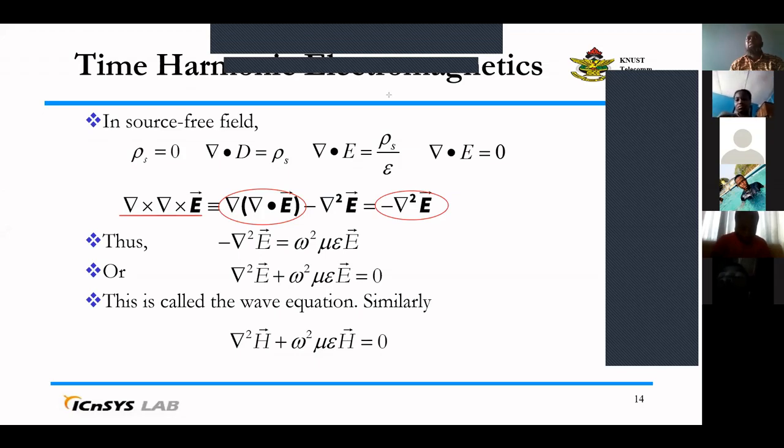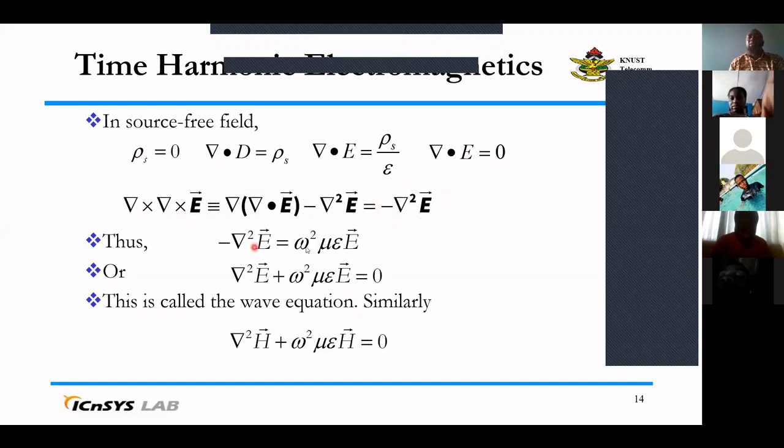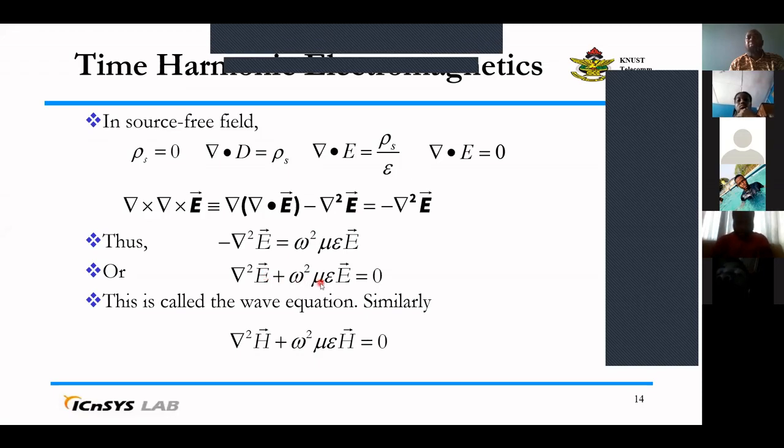And therefore, minus ∇²E equals ω²με E. Or we can write this as ∇²E plus ω²με E equals 0.